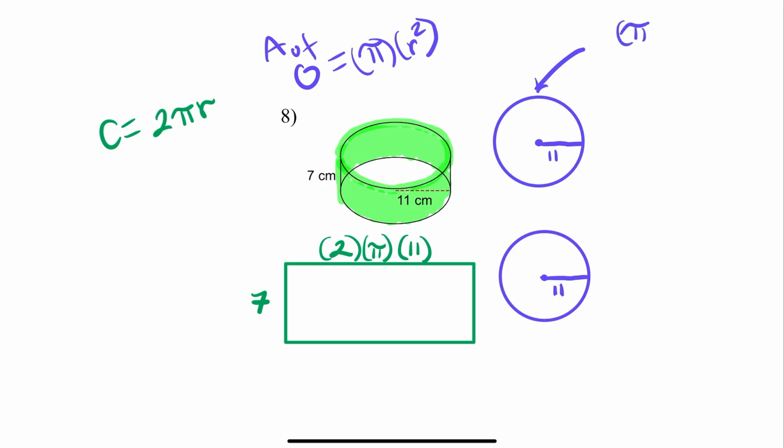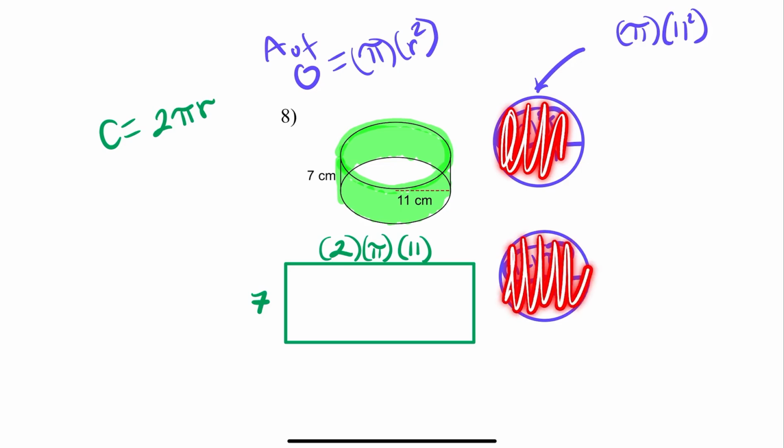So that's pi times the radius, which was given to me, which is 11 squared. I'm going to leave it in pi form. It's going to be 121 pi. And if that's 121 pi, then the other circle is also 121 pi. That's the area for this surface of a circle.